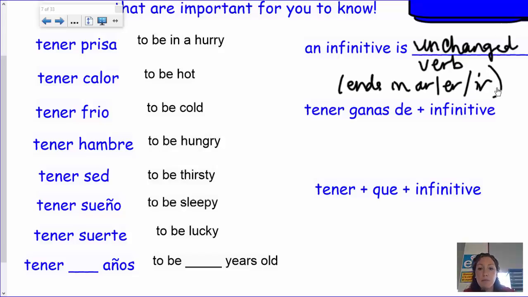So in other words, it has not been conjugated yet. So we have two expressions that are going to take infinitive verbs. We have tener ganas de plus an infinitive verb, and we have tener plus que plus an infinitive verb. So tener ganas de is to feel like doing something.